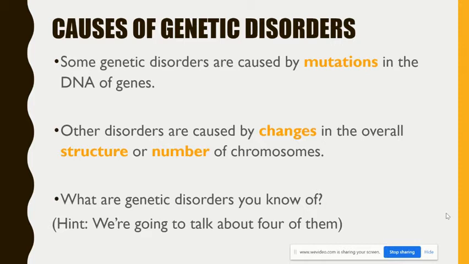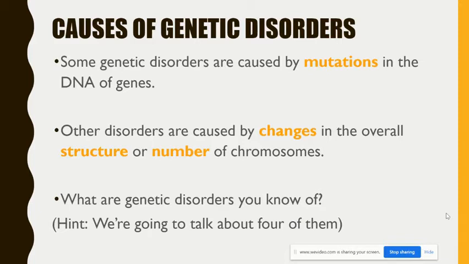So, some causes of genetic disorders. These are caused by mutations in the DNA of genes. If you remember back in chapter 4 when we talked about mutations, we looked at how sometimes the DNA bases are added or taken away or swapped, and it creates a mutation in that strand and in that gene that causes an issue with what proteins produce.